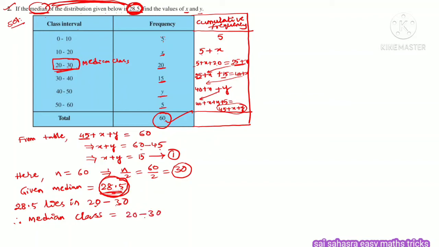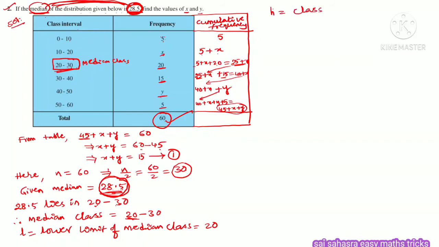After identifying the median class, we have to write L value. L is equals to lower limit of median class. What is the lower limit of median class? This is 20. Next, n by 2 value is already there. H, first we'll write H. H means class size.